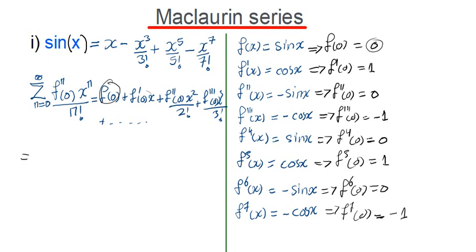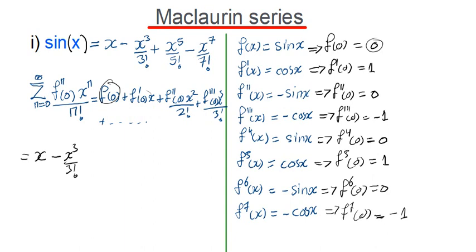It's just x, and this is the x that we have here. Then looking at the second derivative, it is 0, so meaning this one goes. The third derivative is negative 1, so this is going to be minus x to the third, then you have your 3 factorial there.